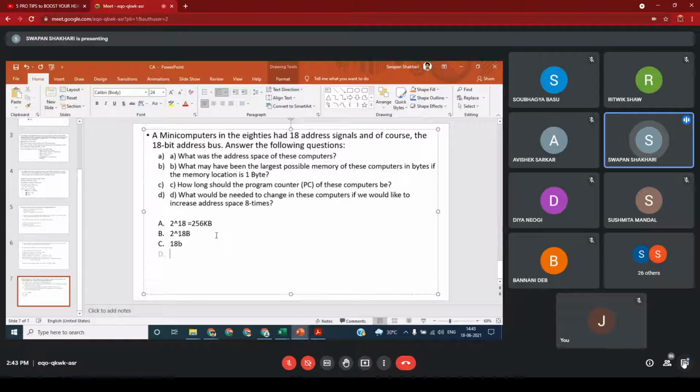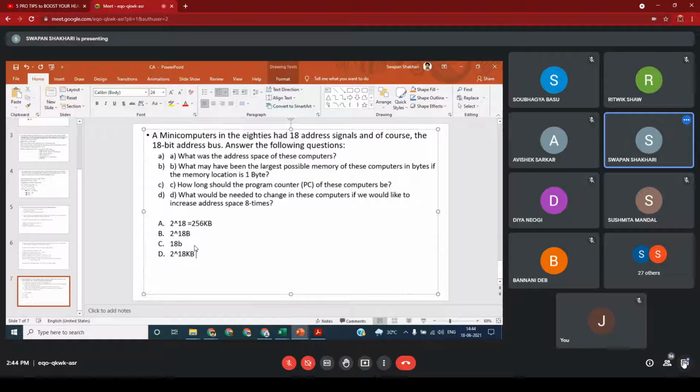Right now the address space is 256 KB, which means 2 to the power 18, so 2 to the power 8 and so 2 to the power 18 bytes.